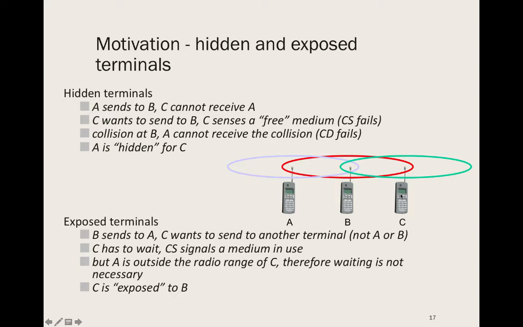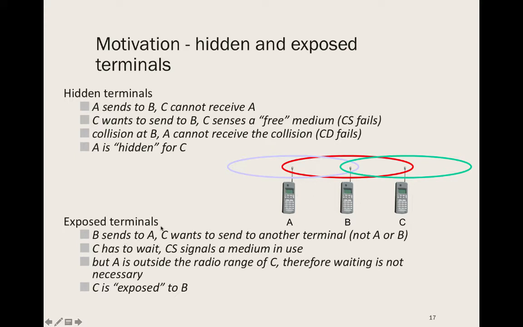C wants to send to B as well. C finds a free medium because it cannot sense A's signal. So first of all, the carrier sensing fails. Collision at B is going to happen, but A is not able to detect it. So collision detection fails as well.